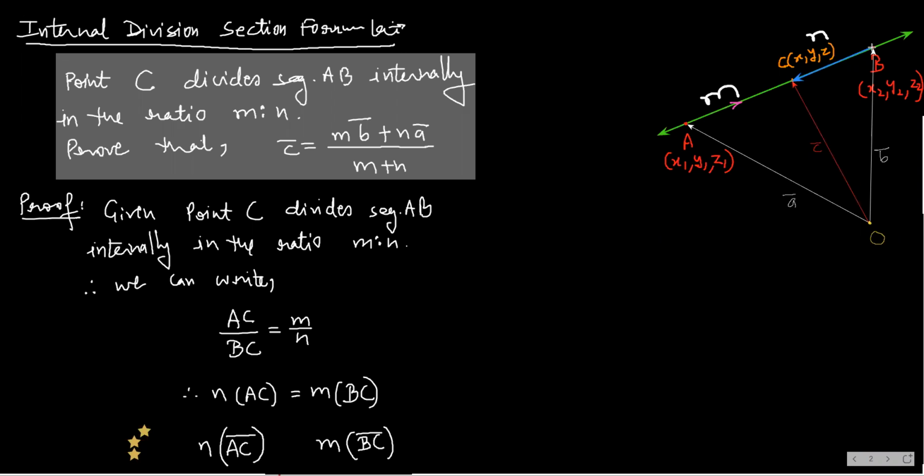This way, this is the direction. This is BC bar. The direction is this way. The direction of AC bar and BC bar are opposite.